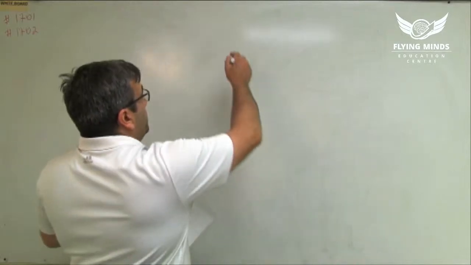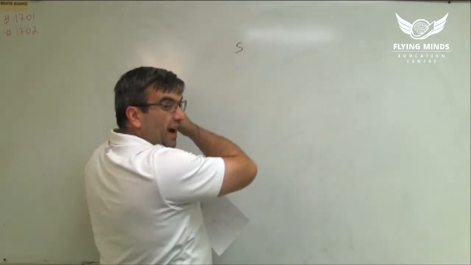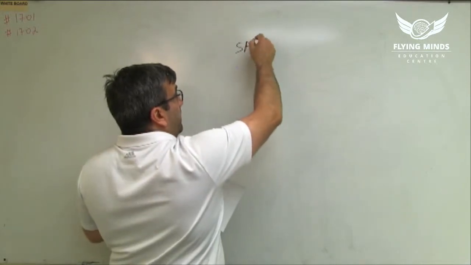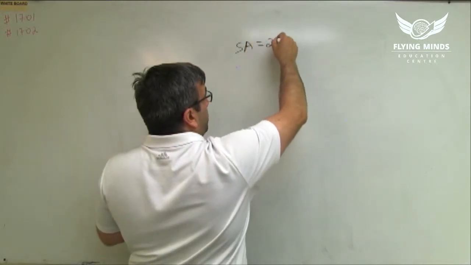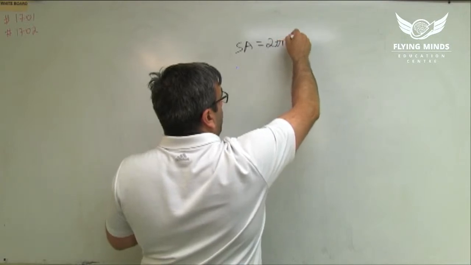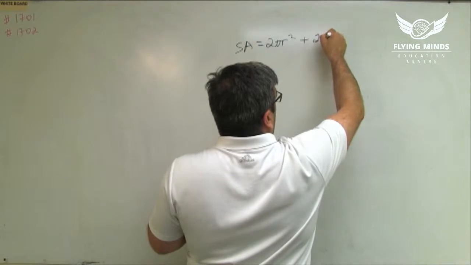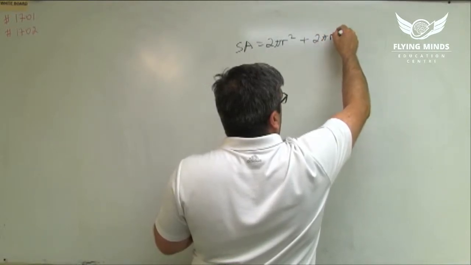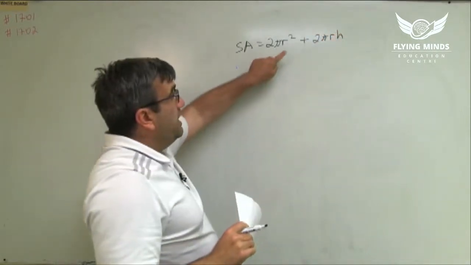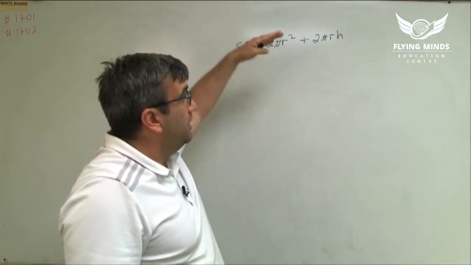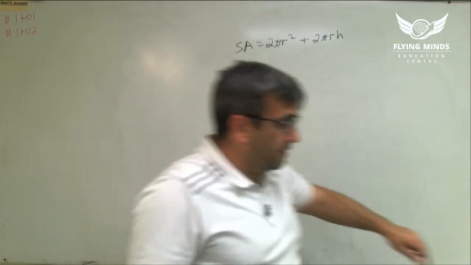So we remember the surface area of the cylinder, right? It's a half cylinder basically, without top and bottom. Surface area of a cylinder is 2 pi r squared plus 2 pi r h. This term we use to calculate the top and bottom of the cylinder.